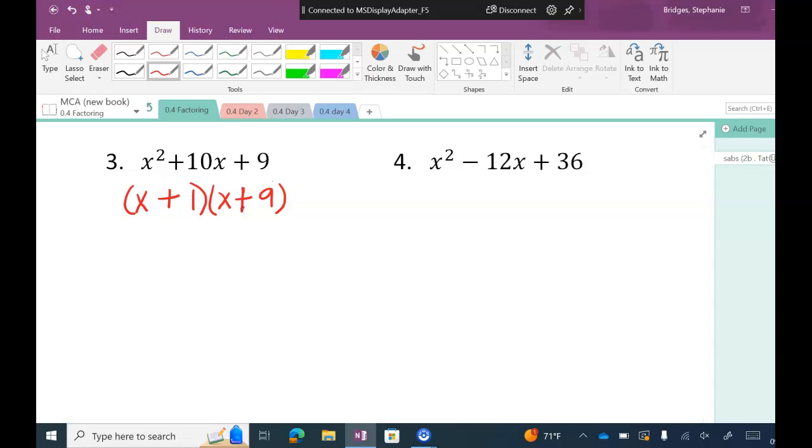So if the second sign is a plus, you are looking for factors of the last term that add to get the middle term.